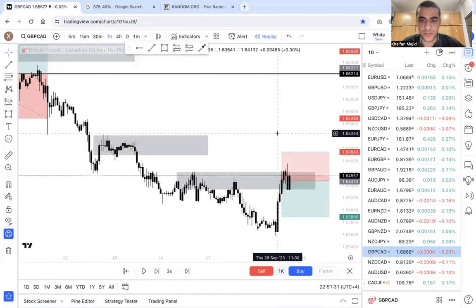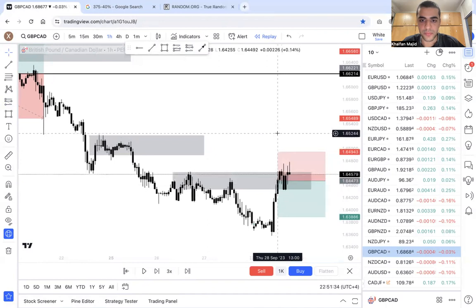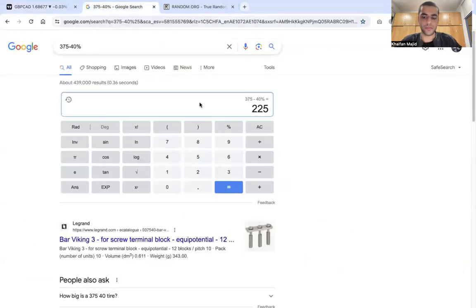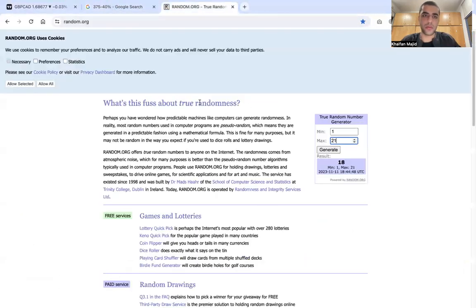So 125. Okay, we closed, so negative 20%, 180.